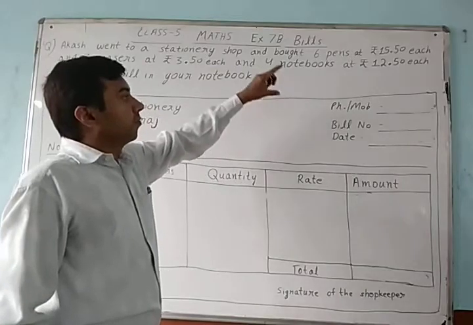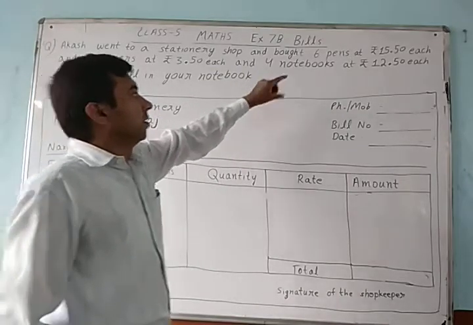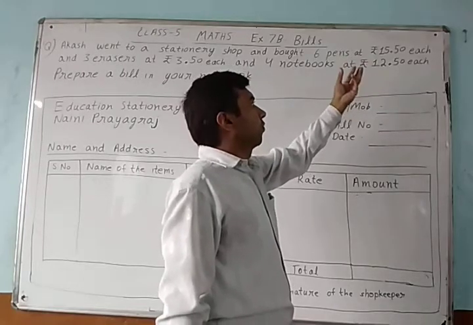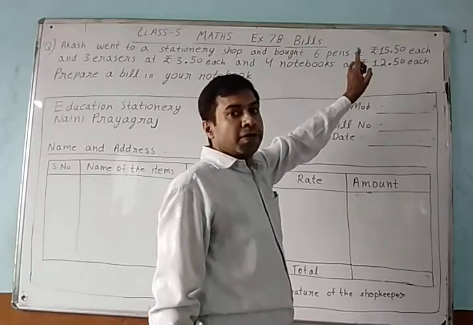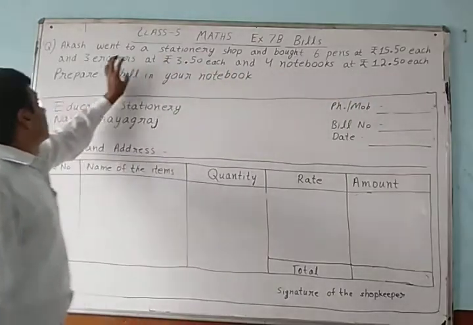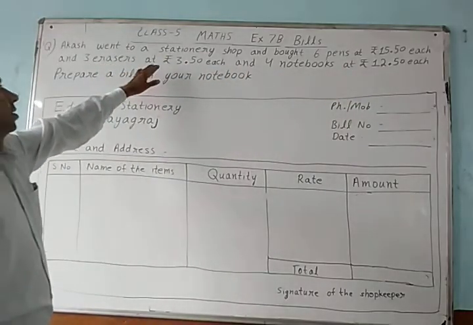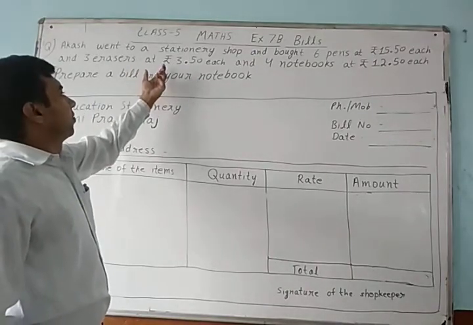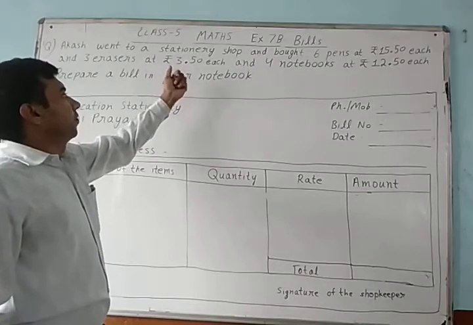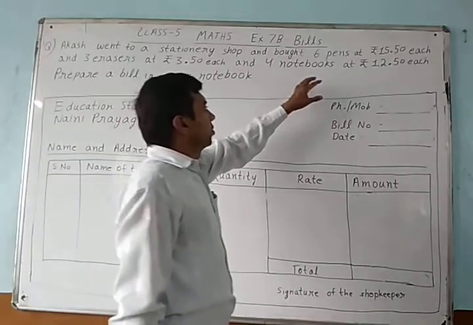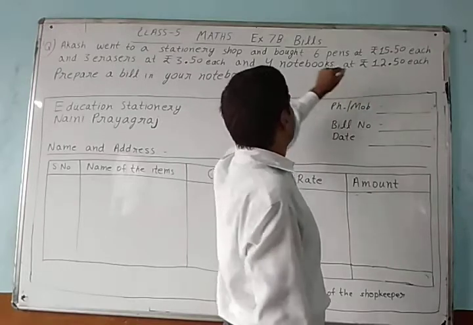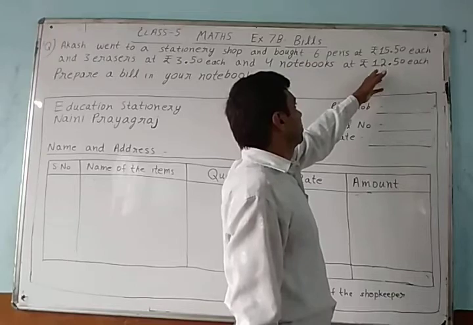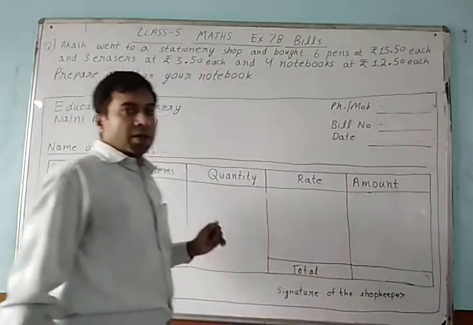Students, what does this "each" mean? 6 pens at rupees 15.50 each means the cost of 1 pen is rupees 15.50. 3 erasers at rupees 3.50 each means the cost of 1 eraser is 3 rupees 50 paise. 4 notebooks at rupees 12.50 each means 1 notebook is rupees 12.50.